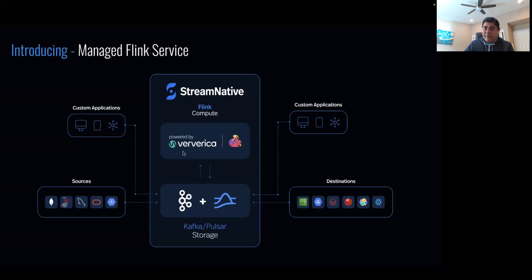We wanted to take advantage of all the awesome things Ververica has done over time, particularly as they are the creators of Apache Flink. There's no better way to partner than with the creator who understands the technology best. So we decided to come up with this service which could benefit our common customers in helping them with their stream processing needs.